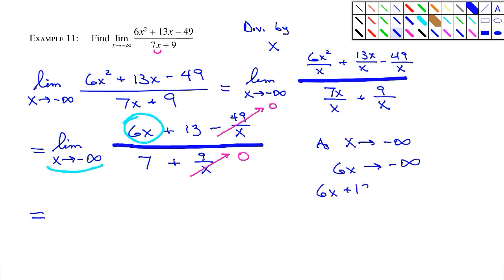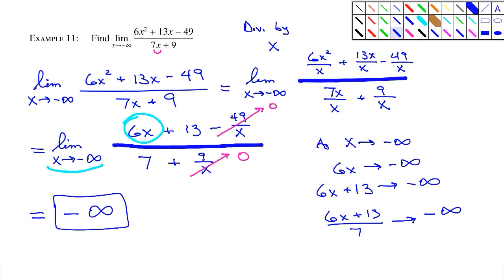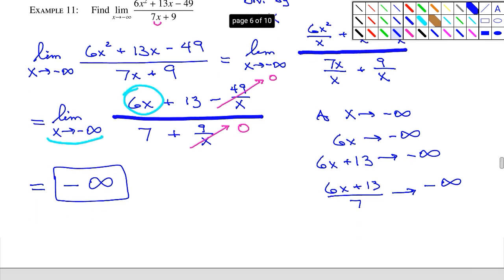Well, 13 is not going to do much to negative infinity. So if I add 13 to something that's going to negative infinity, that still goes to negative infinity. And then if I divide this by 7, that is still going to go to negative infinity, a little bit slower because it's being divided by 7, but it's still going to go to negative infinity. So this is negative infinity. If you took 1315 or a regular college algebra, you would have called this a slant asymptote.